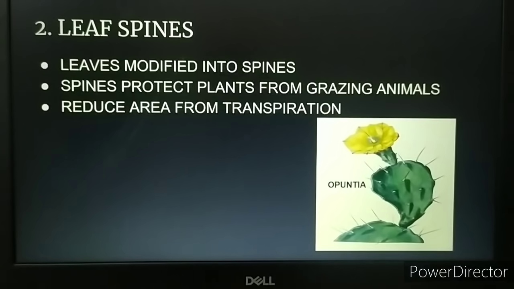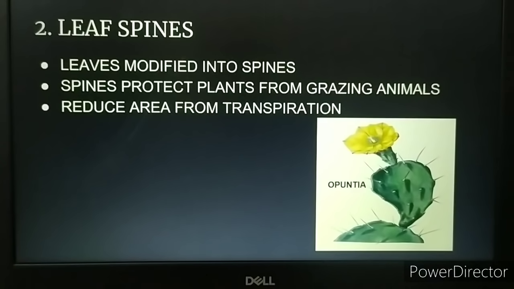We can conclude that in some plants the leaves are modified into sharp pointed structures called spines. They protect the plants from grazing animals. In desert areas where there is scarcity of water, that is lack of water, spines help to reduce water loss by transpiration.